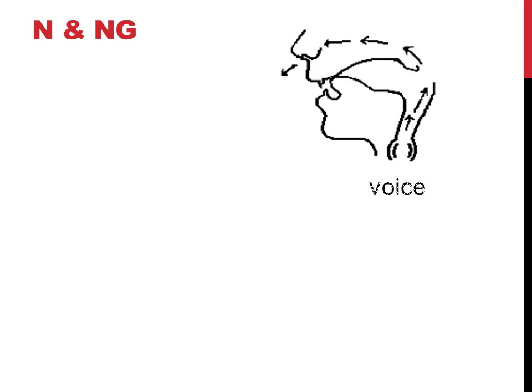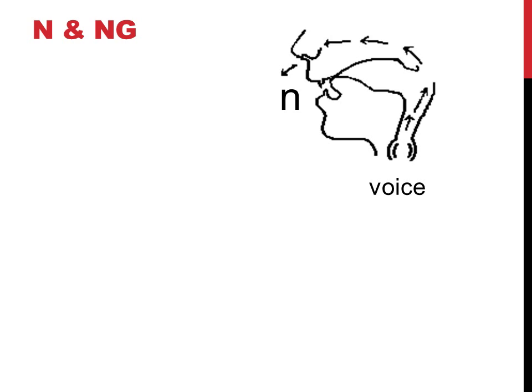Let's first of all just take a look at the two sounds. N as in Nihon, and ng as in Nihon, the last sound. Basically, the N sound is made with voice coming through from the throat and the tongue touching the top of the mouth fairly close to the front, and the sound comes out through the nose.